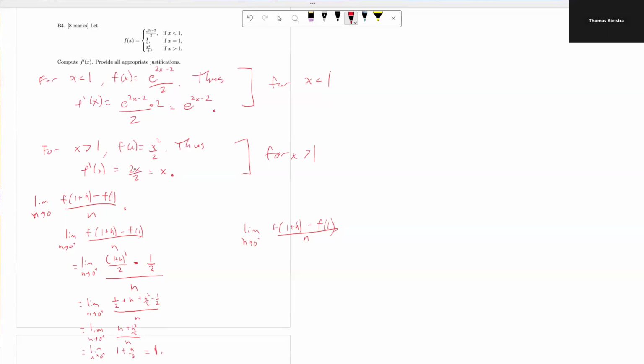So my limit as h approaches 0 from the positive is 1.